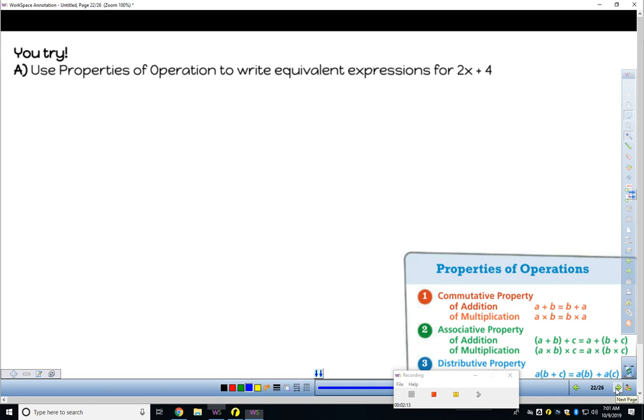So we have this expression right here, 2x plus 4. I could use the commutative property to rewrite this. It's 4 plus 2x.